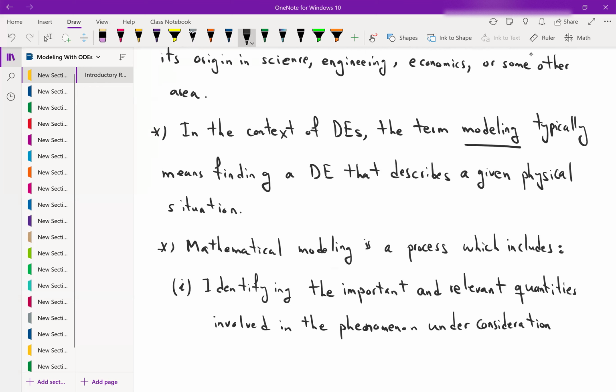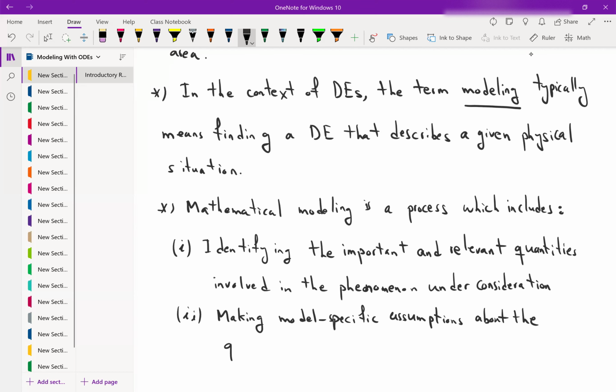Understanding the problem and identifying the variables that are of interest. And of course, then you have to make certain assumptions, model-specific assumptions about the quantities involved.